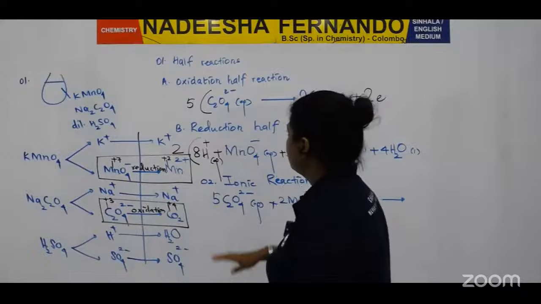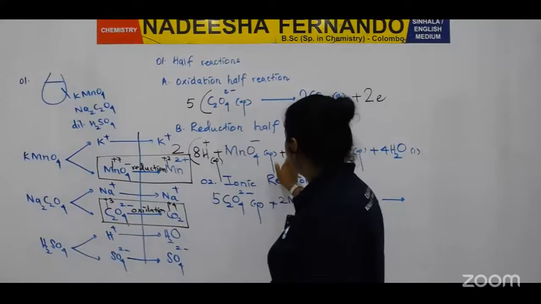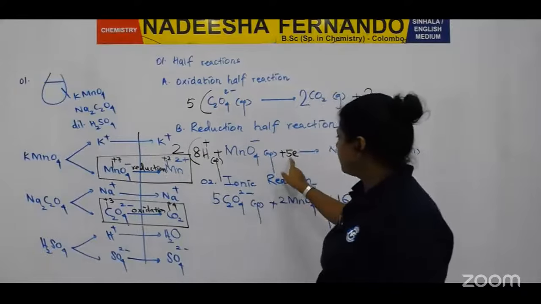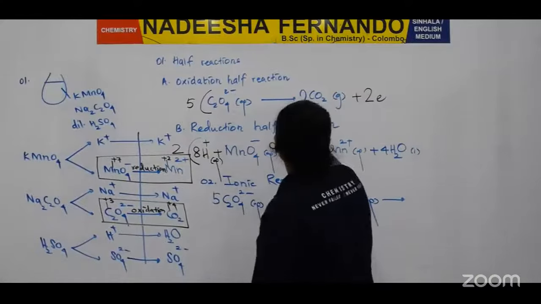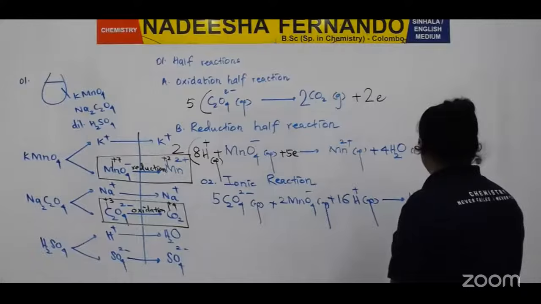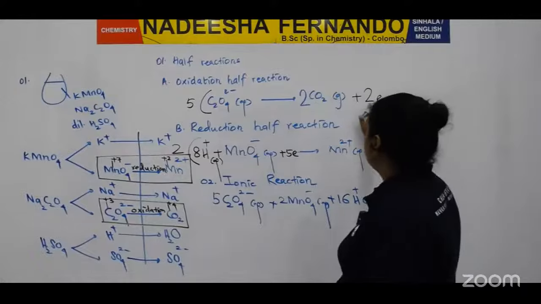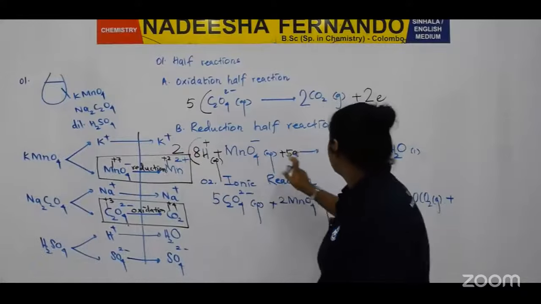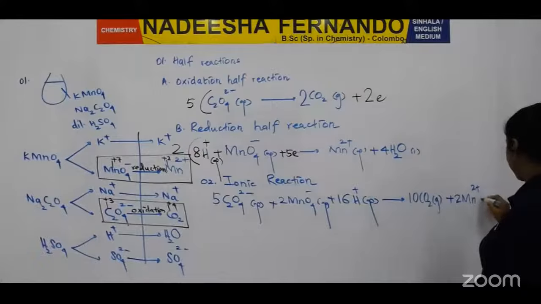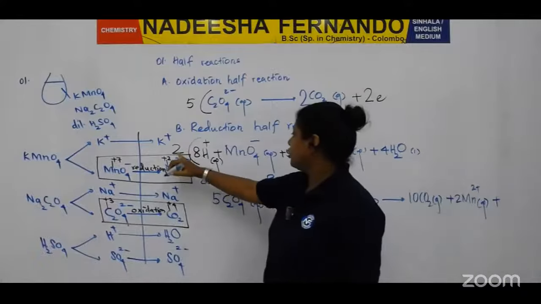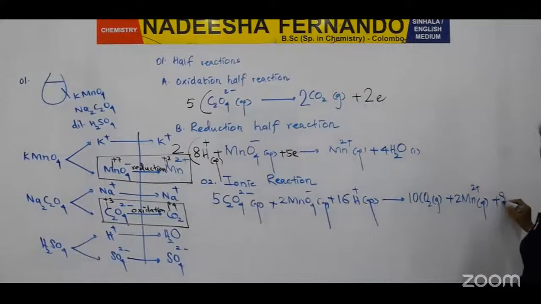Make the electrons net zero. On the product side, 5 times 2, 10 CO2 gas, plus 2 times Mn2 plus, plus 2 times 4, 8 H2O.